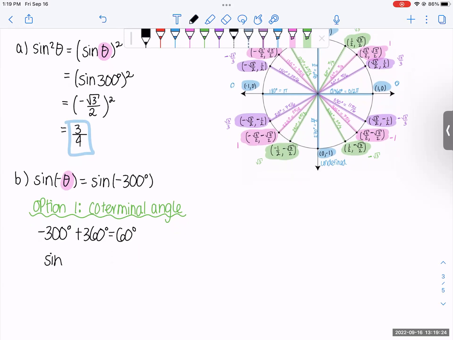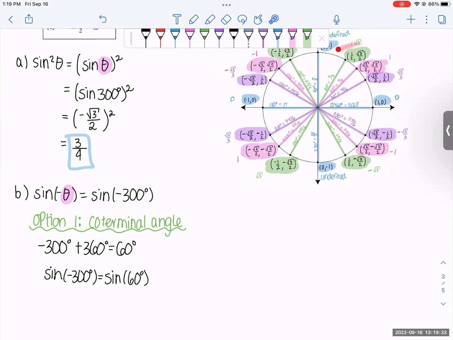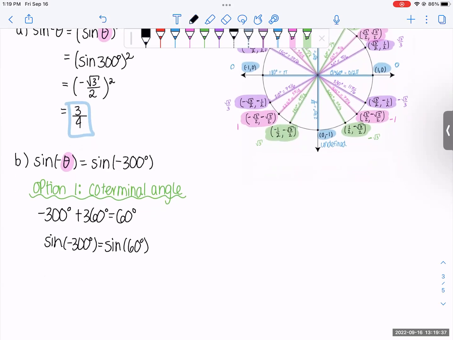So sine of negative 300 degrees is equal to sine of 60 degrees. And sine of 60 degrees, well, that's going to be the y value up here at 60 degrees. So that's square root 3 over 2. That's one way of doing it.